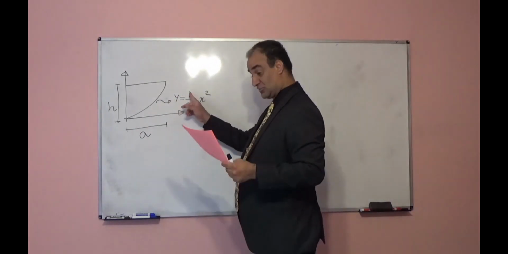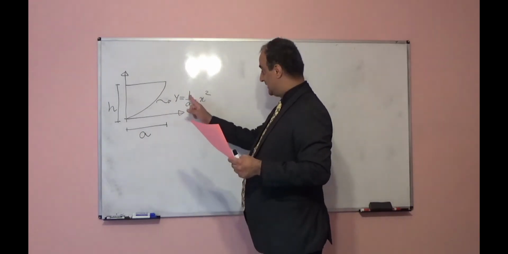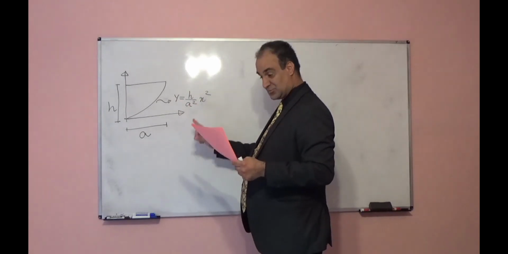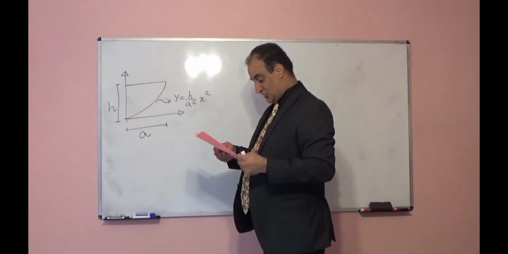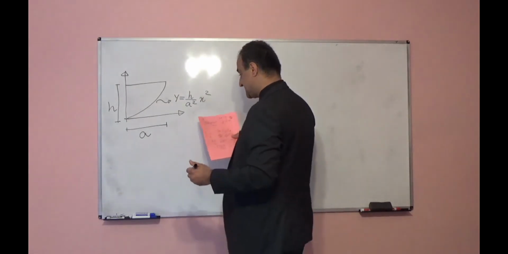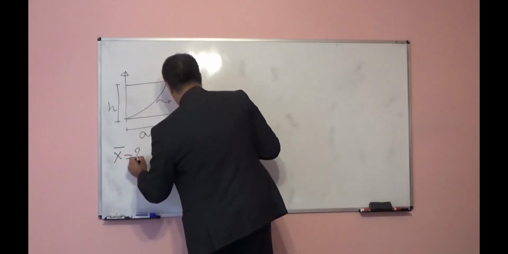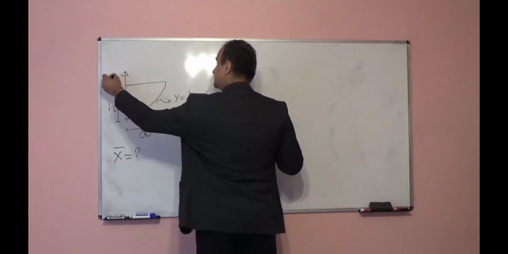This is a, this is h. You should find for this x bar, the centroid in the x direction. This is x, this is y.